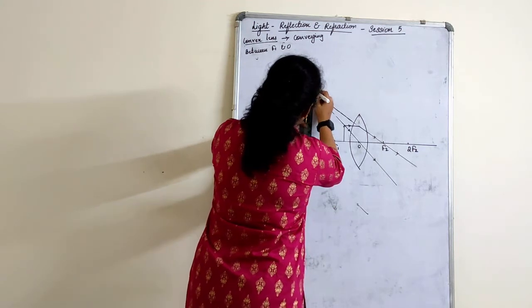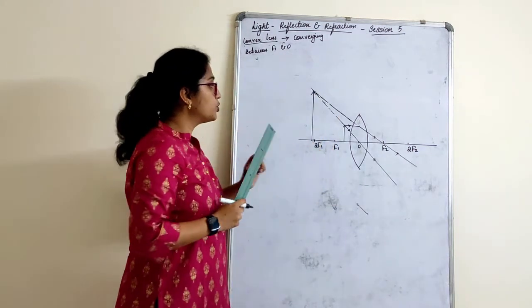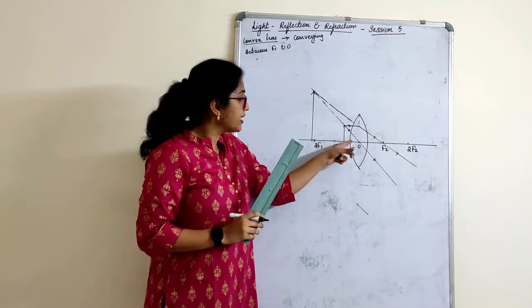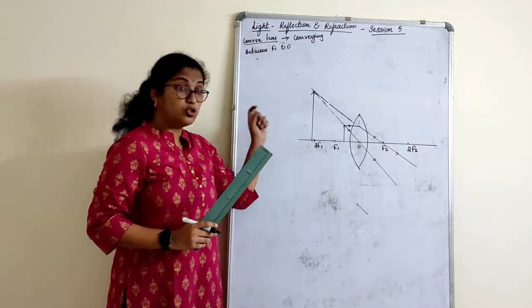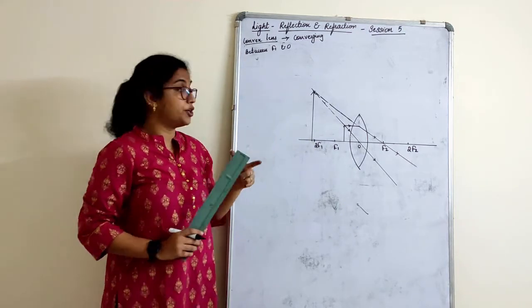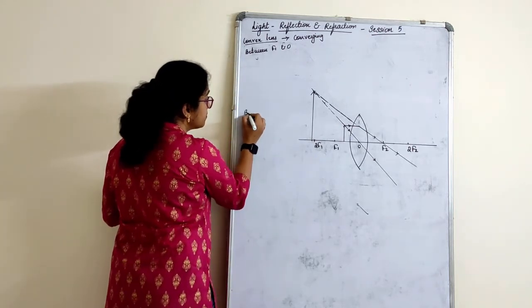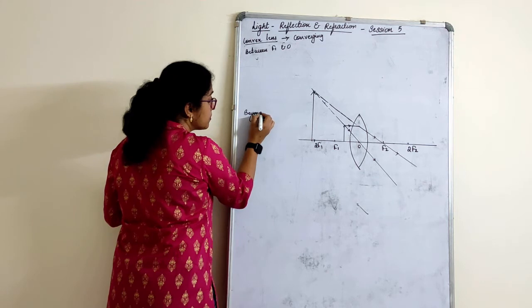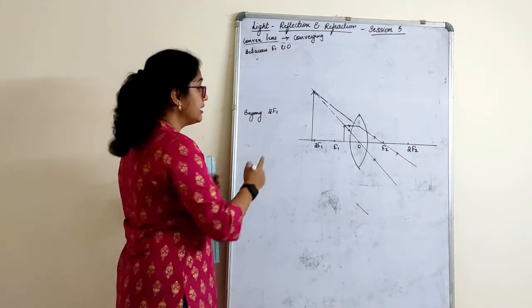So actually if you draw, children, the image formation, what you get is actually beyond 2F, you get it clearly. Sometimes the rays I draw might not be very accurate, but you get that beyond 2F and a very enlarged image. So where is the image formed? Image is formed beyond 2F1, right?